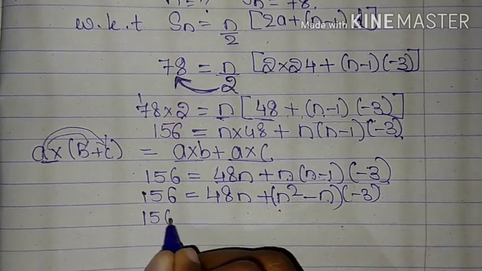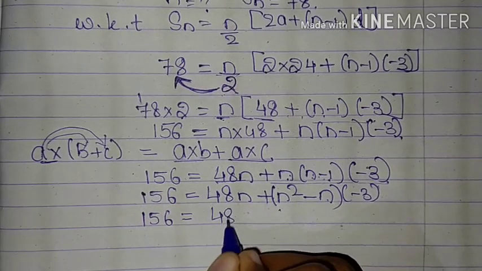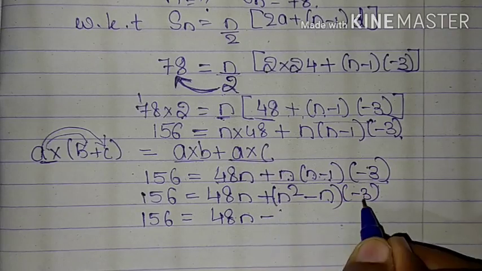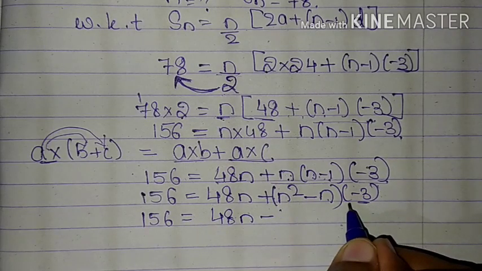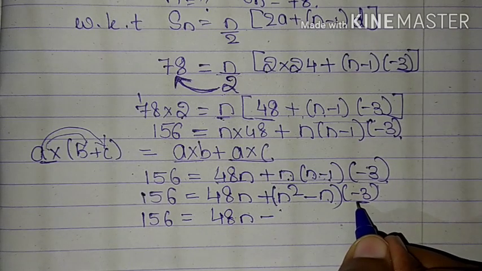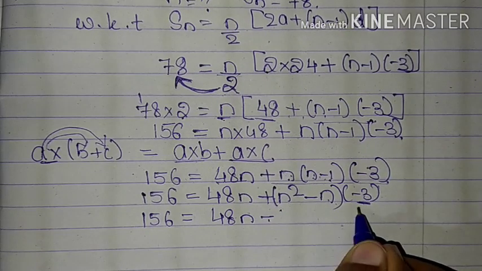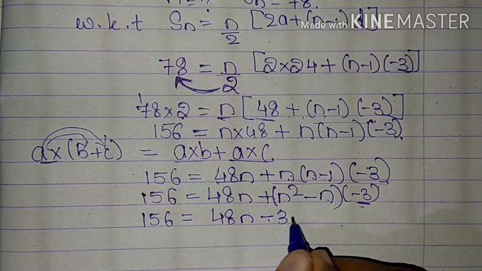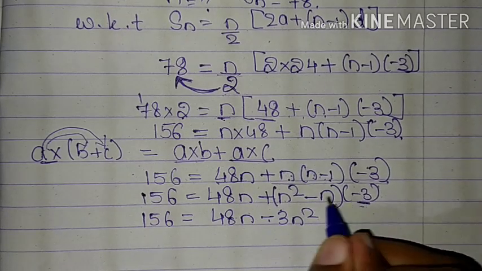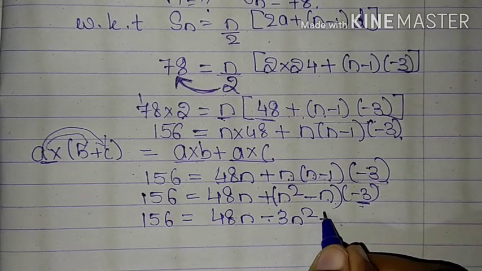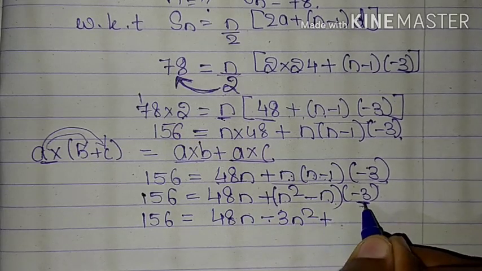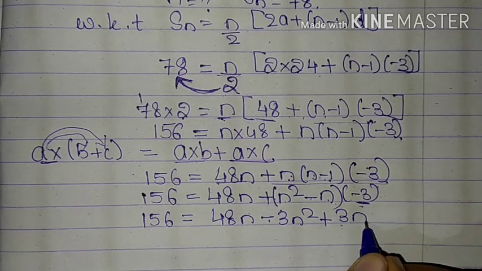So 156 is equal to 48n minus, now multiply 3 to n square minus n. We will get minus 3 into n square, that is minus 3n square, and minus into minus is plus, 3 into n, 3n.